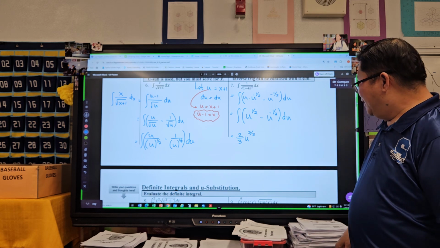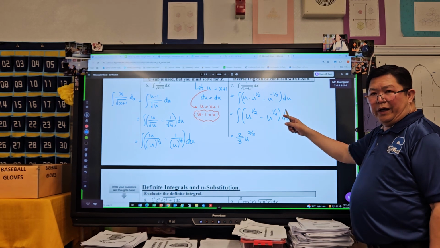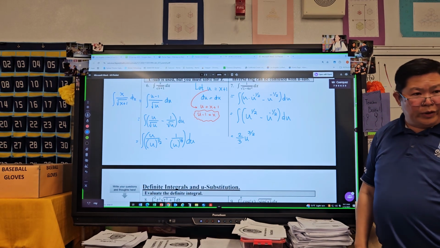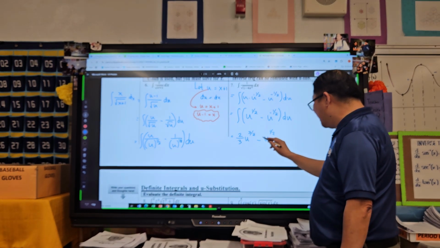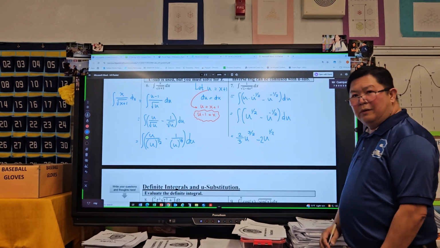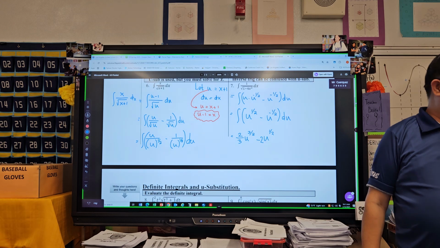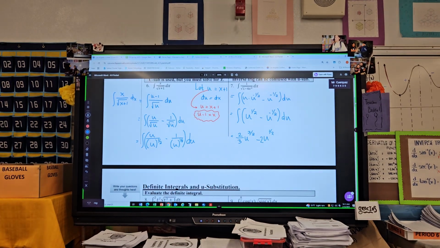Okay? So what about this one? Negative 1/2 plus 1. It's just 1/2, right? So minus u to the 1/2. And then flip 1/2, this becomes now 2. Are we good? Okay?